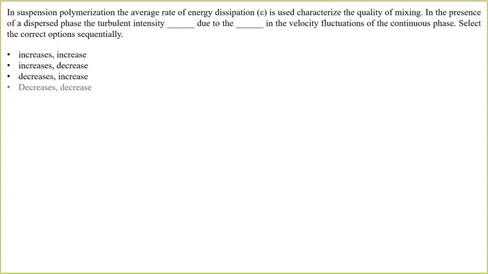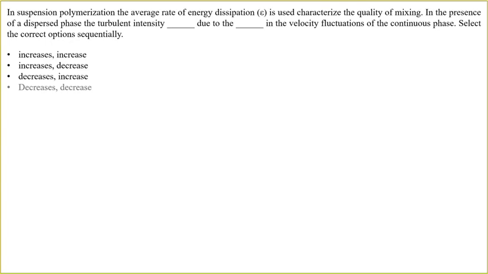So in the presence of any dispersed phase, the turbulent intensity decreases. The turbulent intensity decreases due to the decrease in velocity fluctuation of continuous. So there are the dispersed phase and the continuous phase.